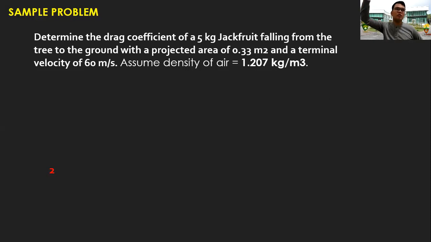Again, for example, a coconut falls from above, you know that the coconut tree is leaning. Okay, the trunk of the coconut tree is leaning. So you assume that it will not fall on your head because you are far away, for example 3 meters away from the trunk of the coconut tree. You already assume that it will not fall on you. But because of the movement of the air available in the environment or surroundings, it affected the movement of the coconut as it fell, and it moved toward your head. So that's the drag coefficient.